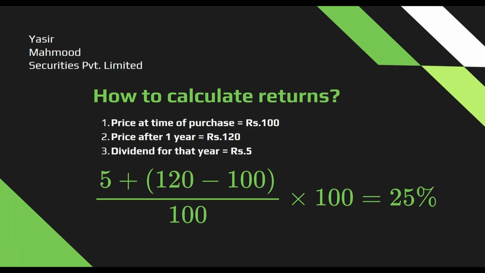Now, what will your return be? You add 5 plus the capital gains, which will be the selling price minus the purchase price divided by the price you purchased it at. In our case, that would be 120 minus 100 divided by 100. You get a return of 25%. Now, this was the easy part.